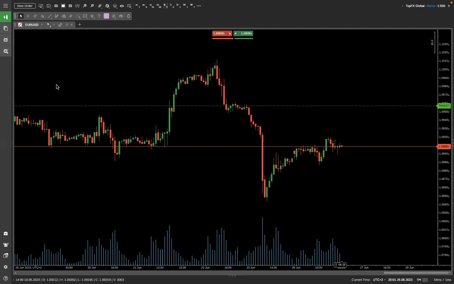So what we are going to do now is to start with a little bit about the definition. So what is actually a pivot point? Well, it's a kind of technical analysis indicator, or a calculation, which is basically a line on your chart, which is used to determine the overall trend of the market over different time frames.